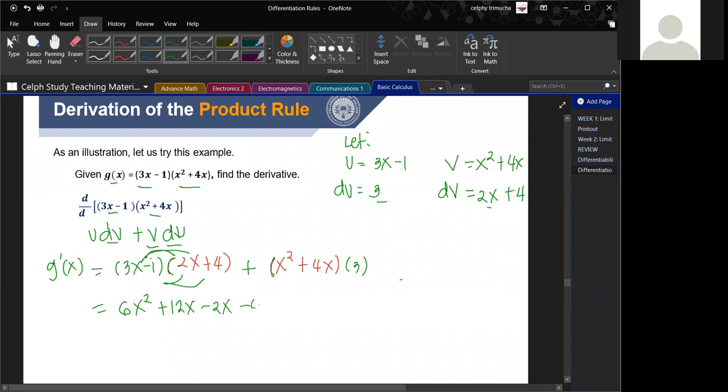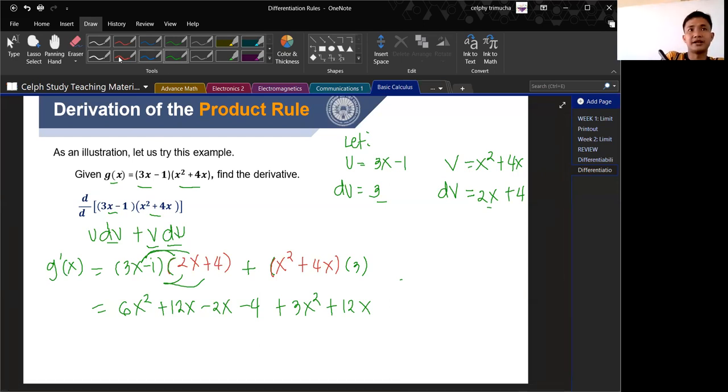Next, diri sa pikas, we will have plus 3x squared plus 12x. Okay, so this time, let us combine like terms.